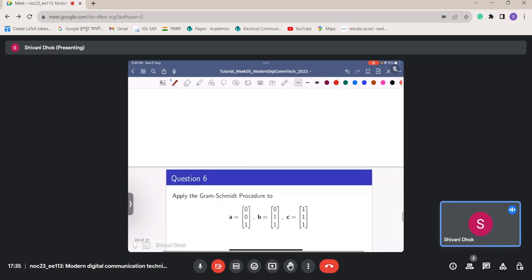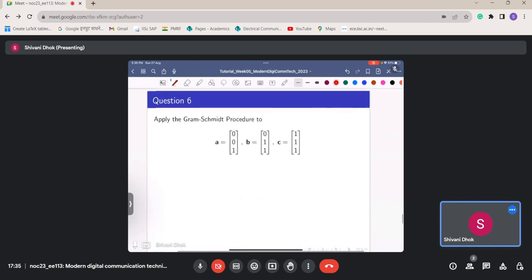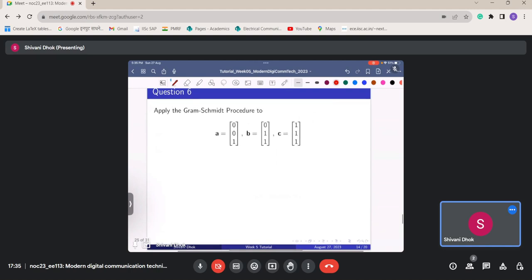Okay, we'll see more such examples. So again, we'll do this Gram Schmidt procedure. Now we have these A, B and C vectors given here, and we need to find again the orthonormal set of vectors. So let us start with the first vector.